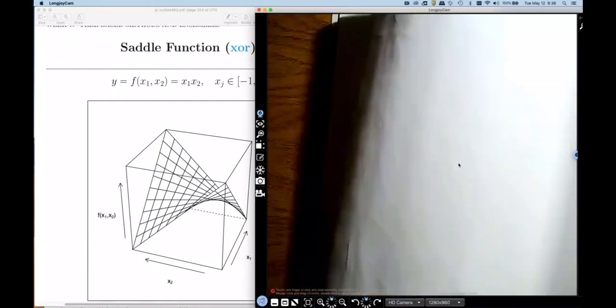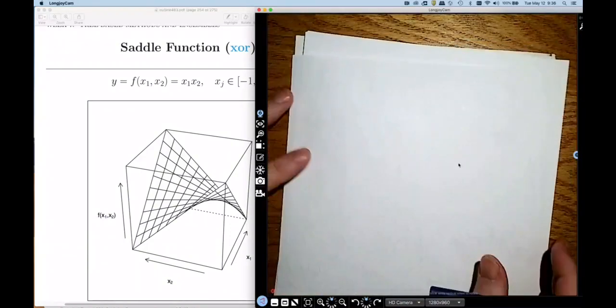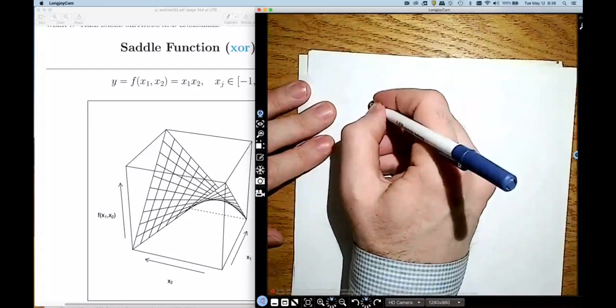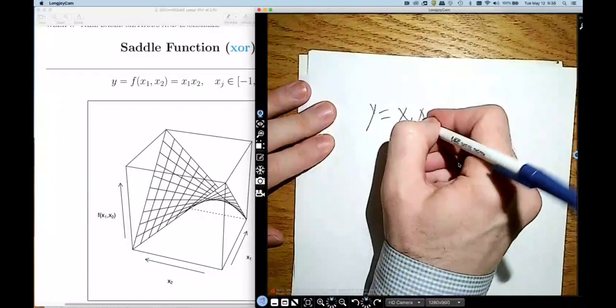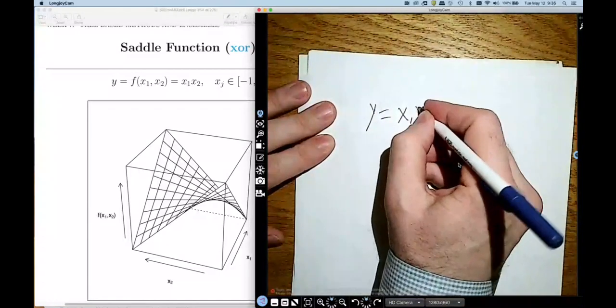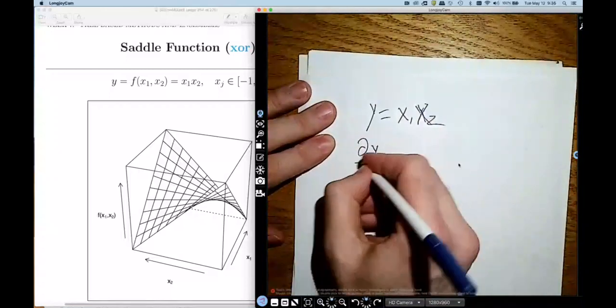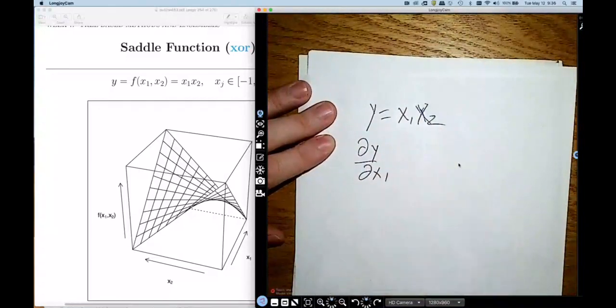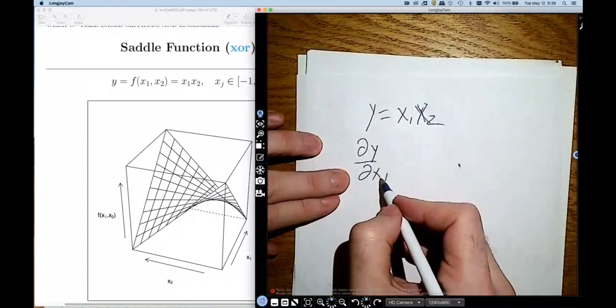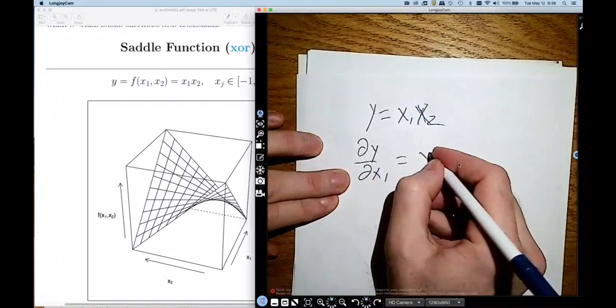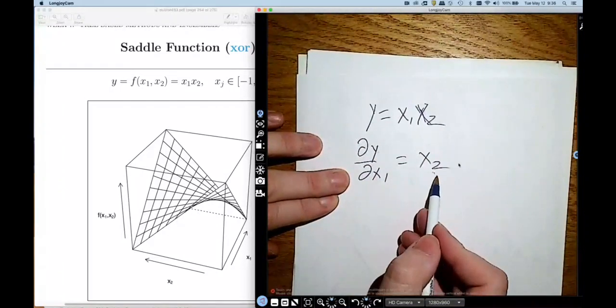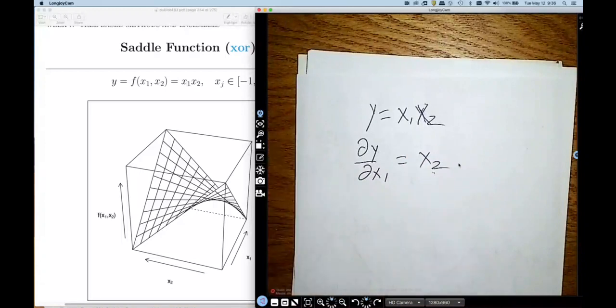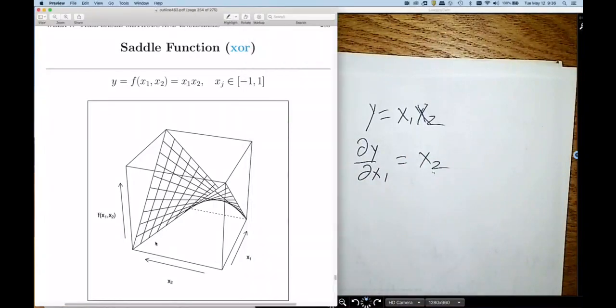What I probably did with you back in GAMs was, if y is equal to x1 times x2, and I take the partial derivative of y with respect to, say, x1, so how does y change when I change x1? The answer is it depends on the value of x2. Okay, so when x2 is positive, then x1 has an increasing relationship with y.